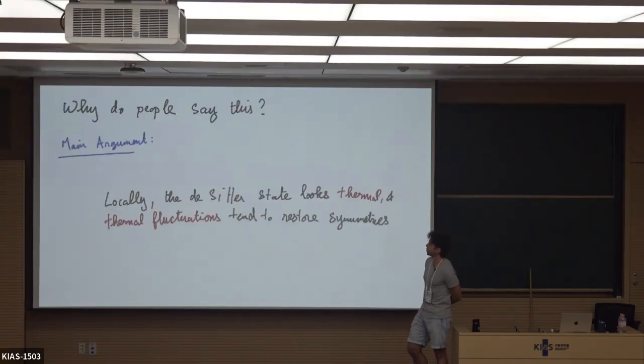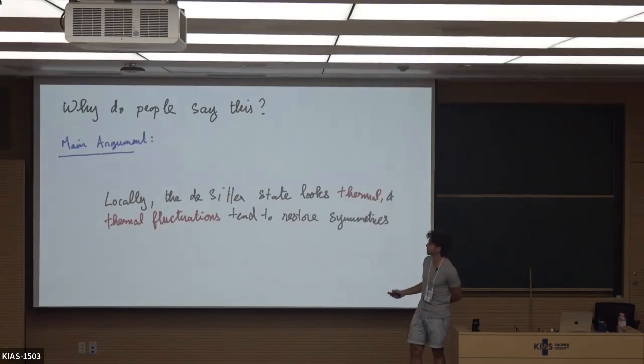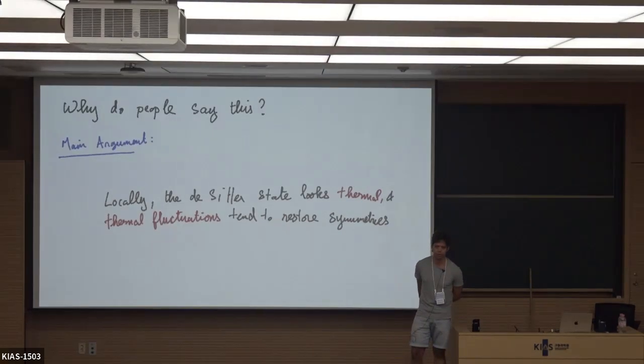The reason that people make this claim is that, well, you may have heard this, but de Sitter space has a temperature. So physics locally looks thermal. And whenever you have a thermal state and a global symmetry, thermal fluctuations restore that symmetry.